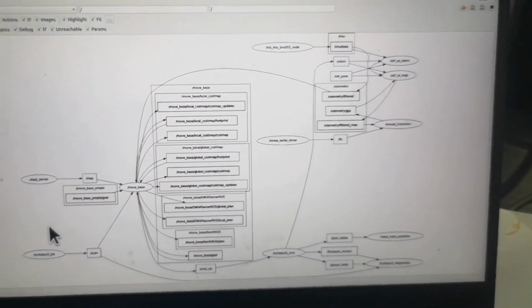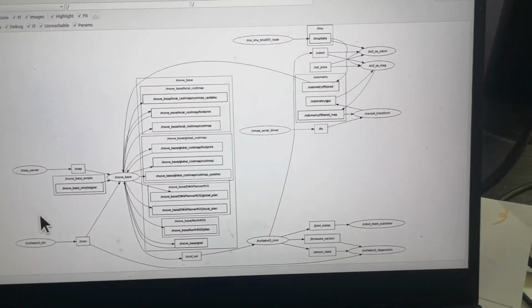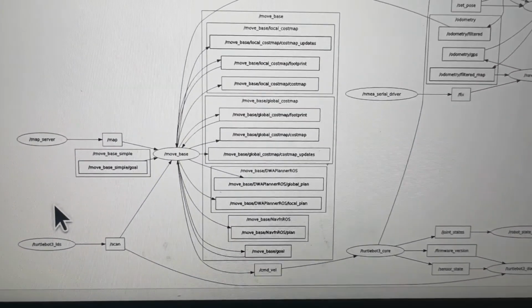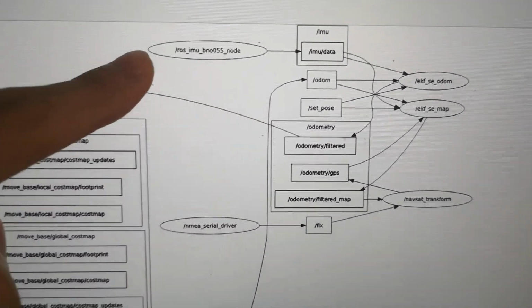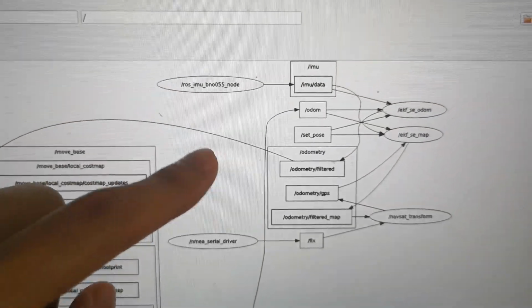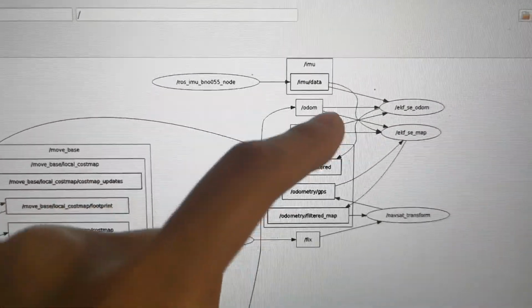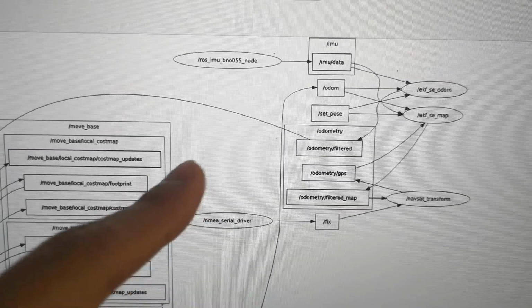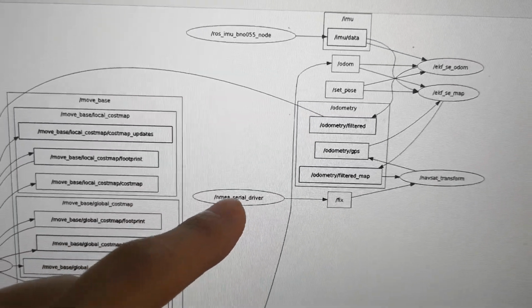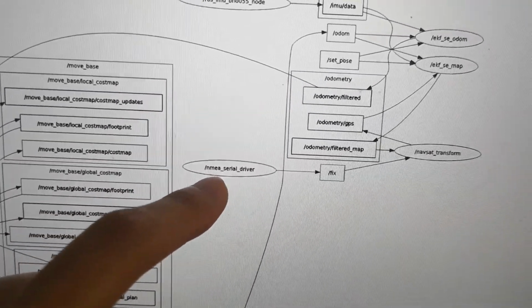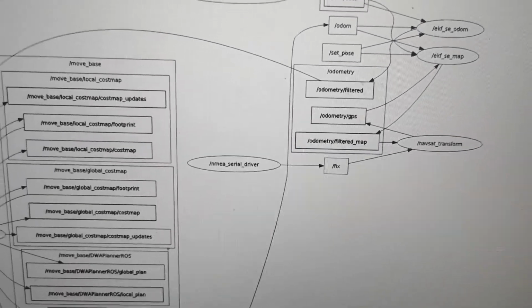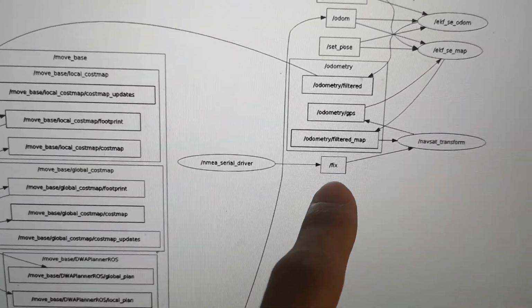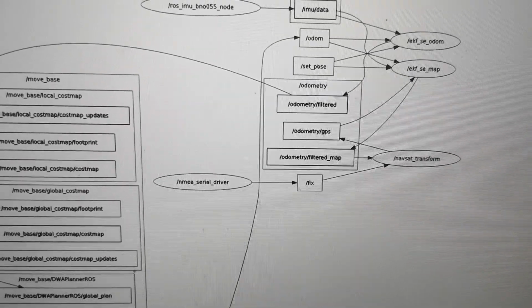Here's the RQT node tree. Over here we have this IMU node passing information to IMU data. It's kind of a mess here. Then we have this NMEA driver, which is a GPS driver, providing GPS information in /fix.